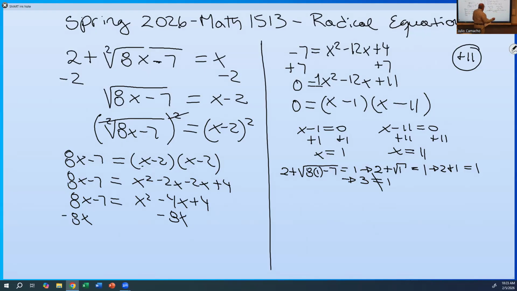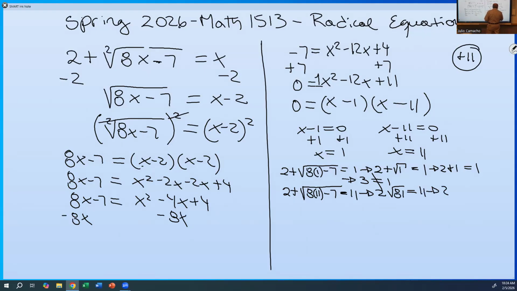Yes. And you do the same thing with the second one: 2 plus 8 times 11 minus 7 is equal to 11. 8 times 11 is 88. 88 minus 7 is 81. So it's 2 plus the square root of 81 is equal to 11.